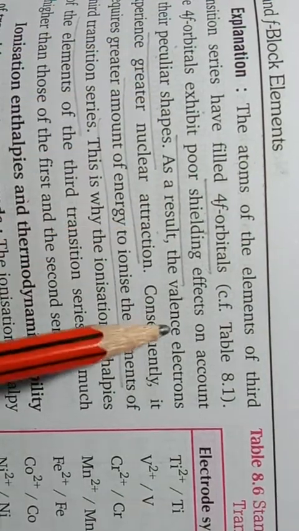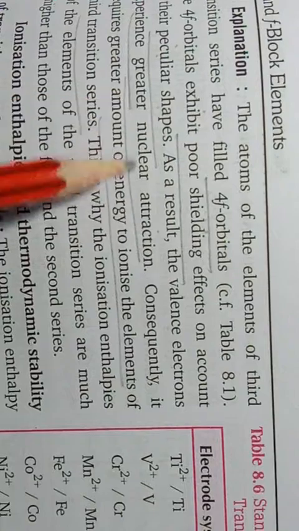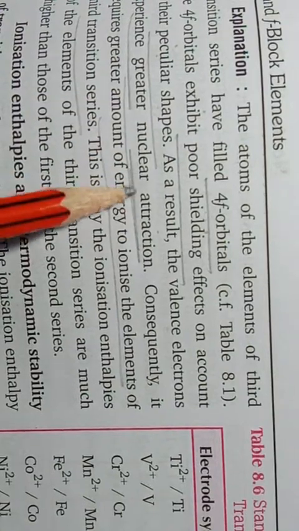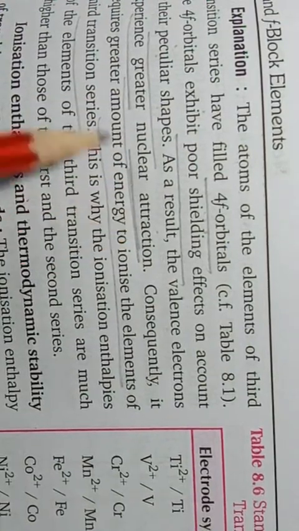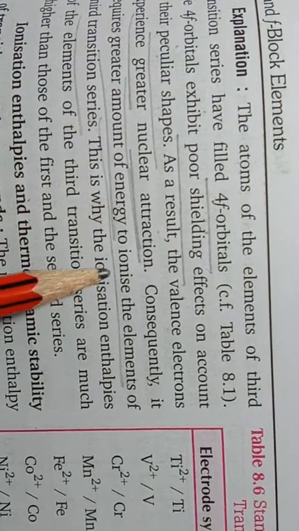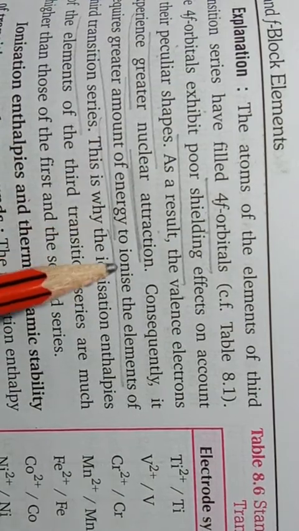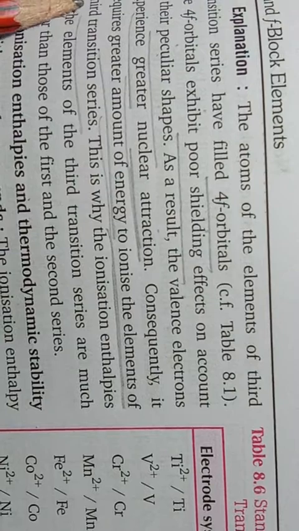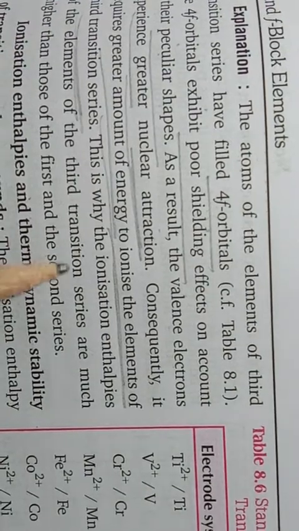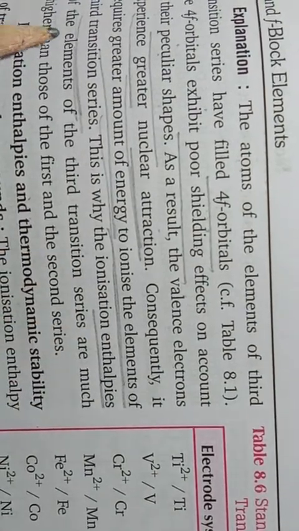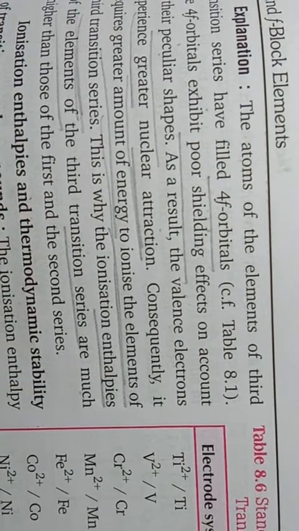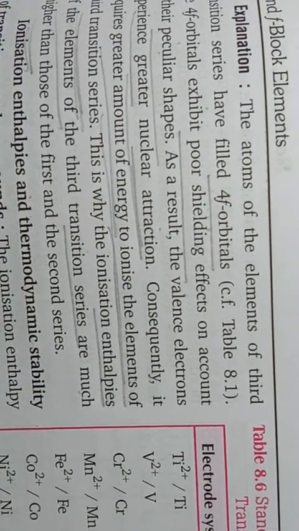As a result, the valence electrons experience greater nuclear attraction, and that is why a greater amount of energy is required to ionize the elements of the third transition series. This is why the ionization enthalpies of the elements of the third transition series are much higher.